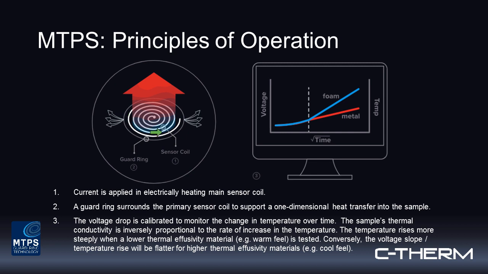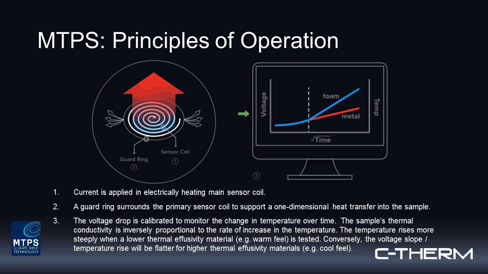When you look at the sensor, it looks like a shrunken version of an electric stovetop. We heat it the same way electrically. We apply current to that coil. This introduces a small amount of heating in contact with the sample. The raw data is a voltage plot over the square root of time.